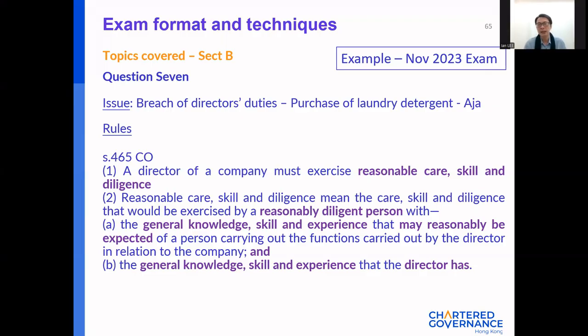So the subjective test, I believe, will only be relevant if that director has higher knowledge, higher skill, or higher experience. Okay, if the director in question does not possess higher knowledge, skills, or experience, you just use the objective test in part A, and that will be sufficient.